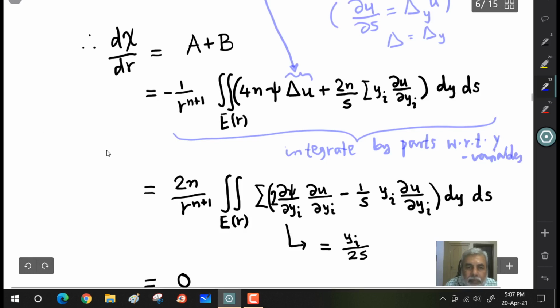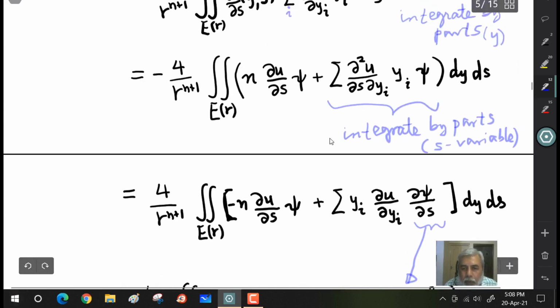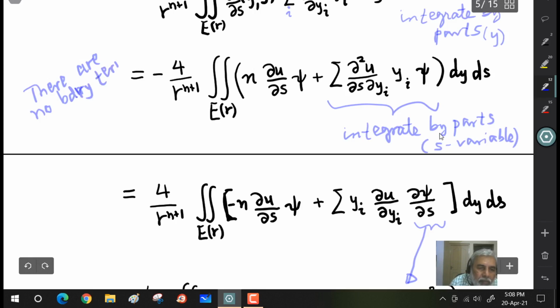By the by, just notice here we have integrated by parts, but there are no, usually there are boundary terms. So let me just comment that there are no boundary terms as psi is equal to 0 on the boundary.